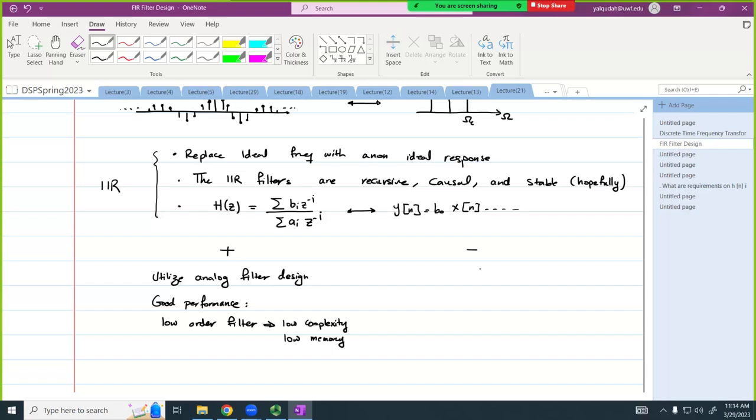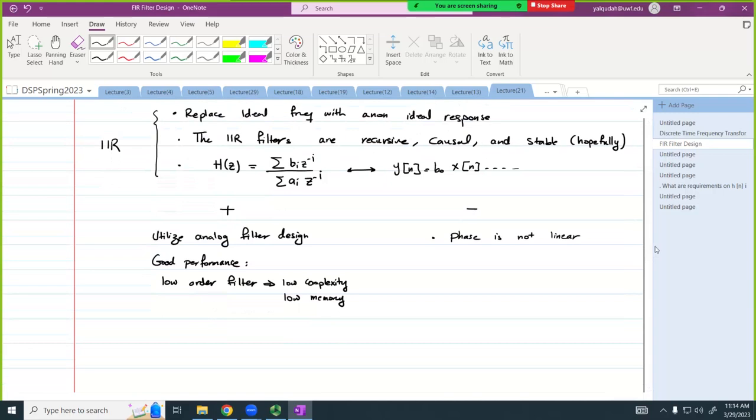The challenges with the IIR filter, the first challenge is that the phase is not linear. Now, we never talked about the phase throughout the class, and all of a sudden now we're saying the phase is not linear. It came out of nowhere. We'll see why that is important, but there is no point where we talked about a linear phase.